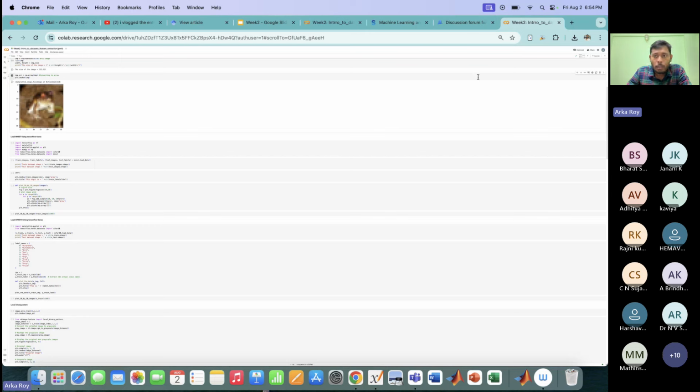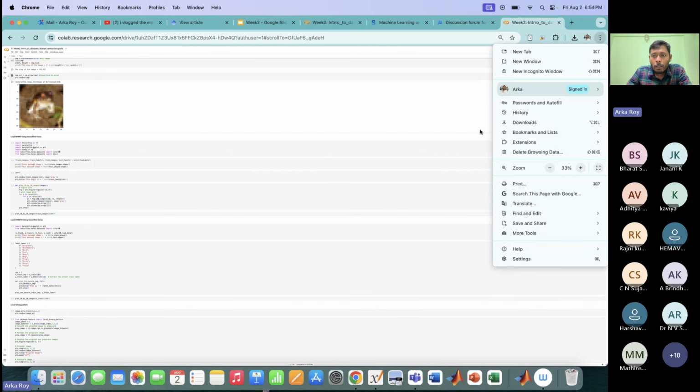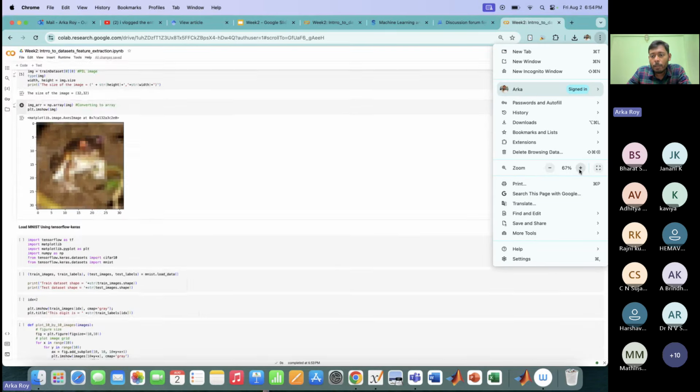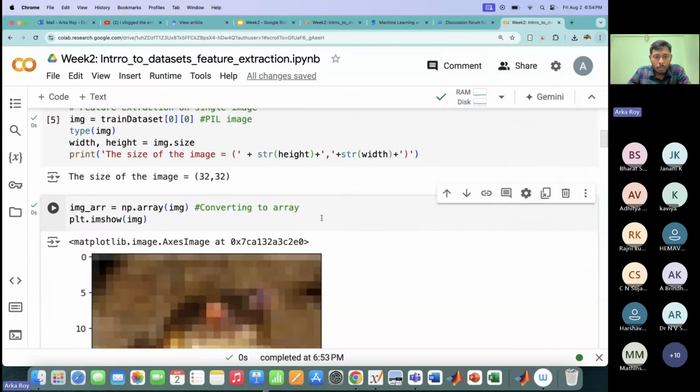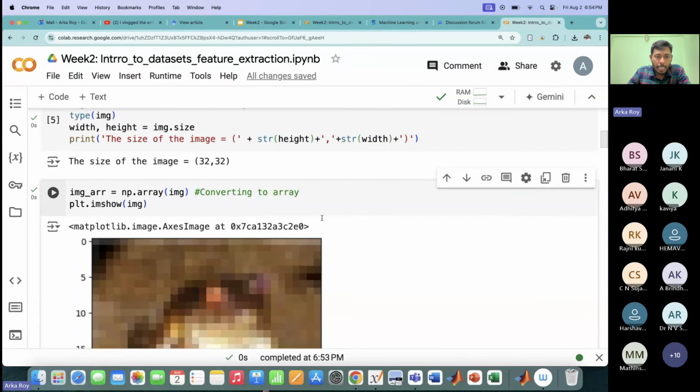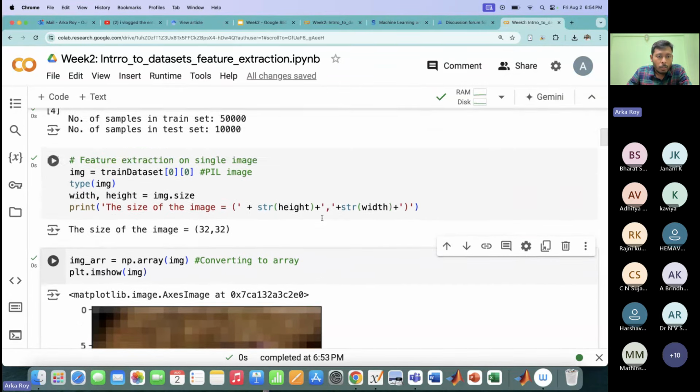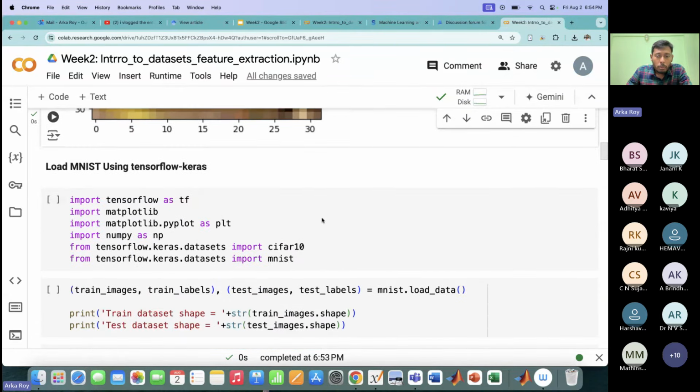Yes, this is a frog. So if I zoom it down, then you'll be able to understand. Otherwise, if I zoom it up, it is pretty difficult to understand which category this image belongs to.